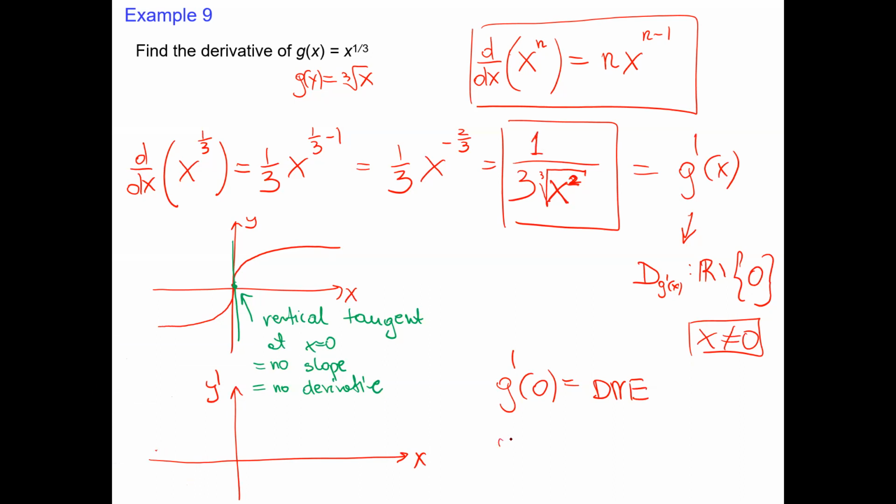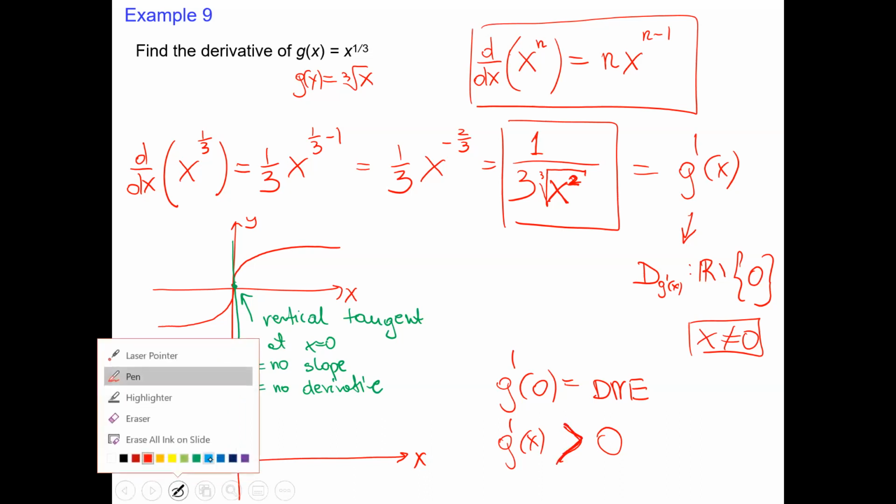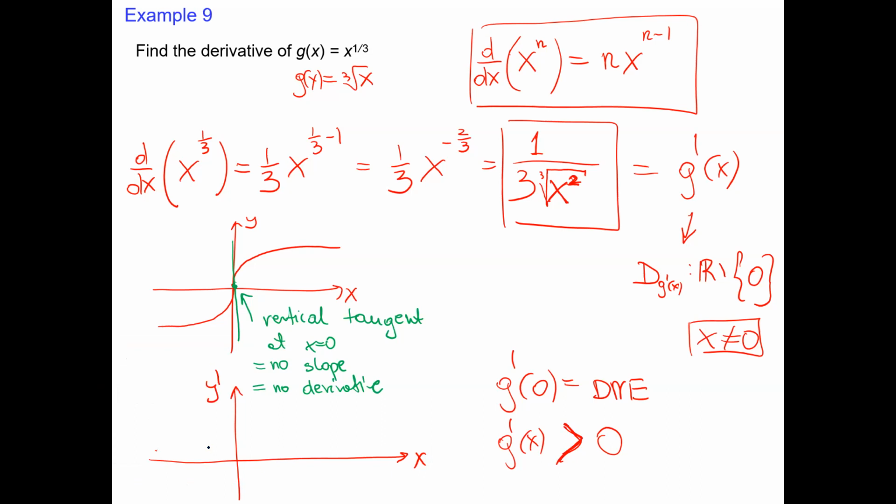We can also say that the derivative is always positive. If the derivative is always positive, we may notice that the slope of the tangent lines, except zero, of course, is always positive.